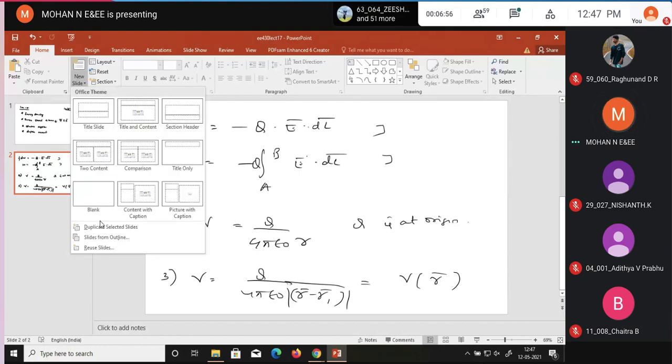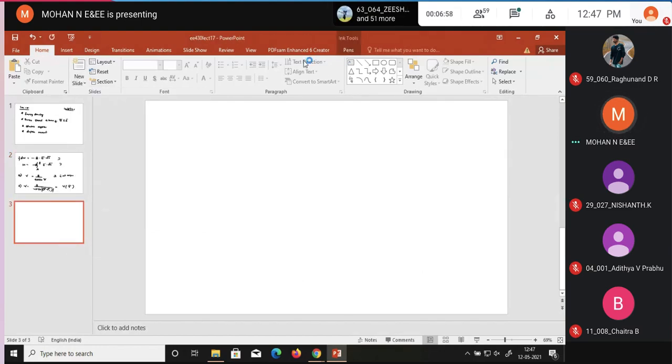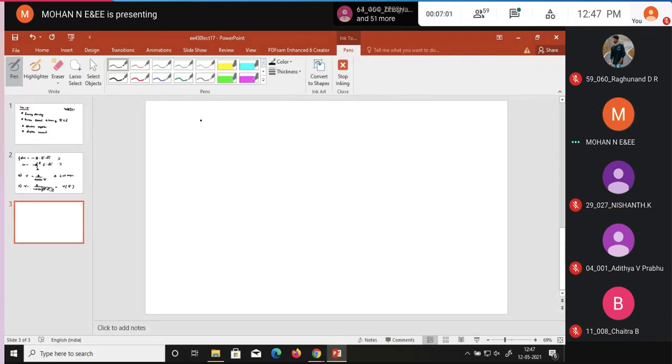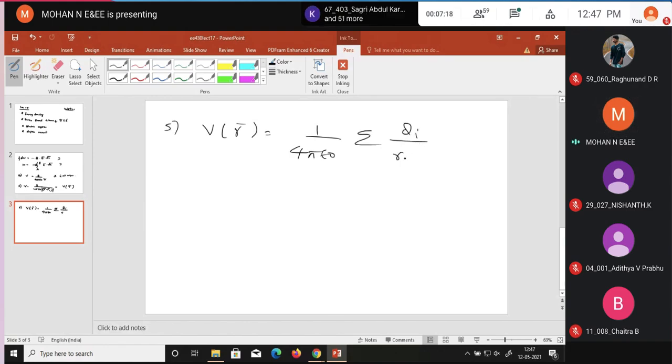You can extend it for more number of charges. So V of R vector is 1 by 4 pi epsilon naught summation of Qi divided by magnitude of R minus Ri, i equal to 1 to n.